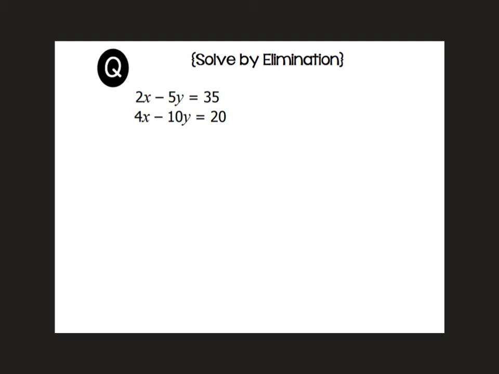And it's pretty easy to turn 2 into a 4, so I'm just going to personally choose that one. So if I want to get 2 to be 4, and I want them to be opposite signs, so this is a positive 4. To get 2 to be negative 4, I would have to multiply everything by negative 2.